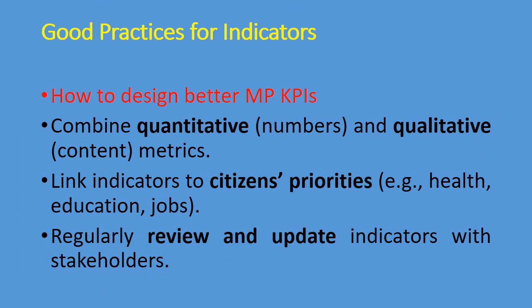Some good practices for indicators, in fact, how to design better MP key performance indicators. You need to combine quantitative and qualitative metrics. That is the numbers and the content.